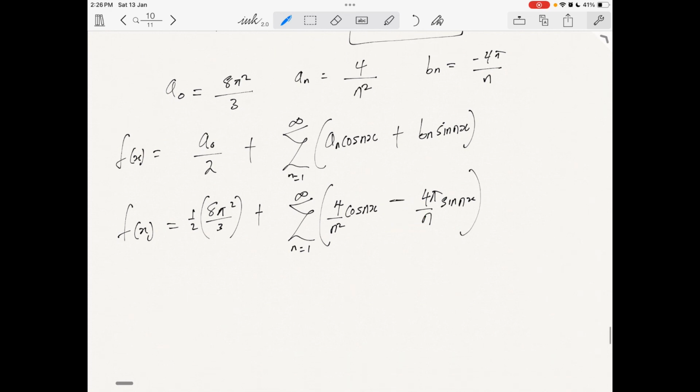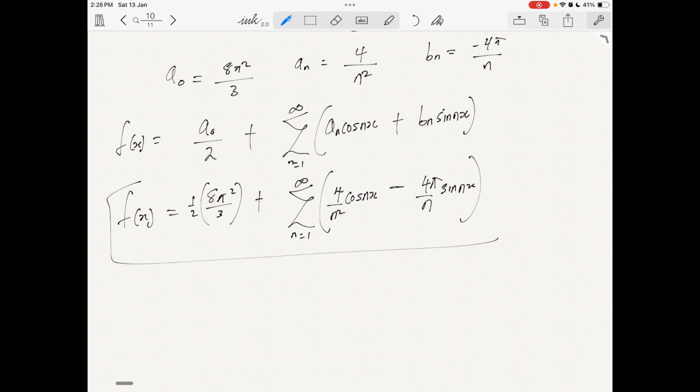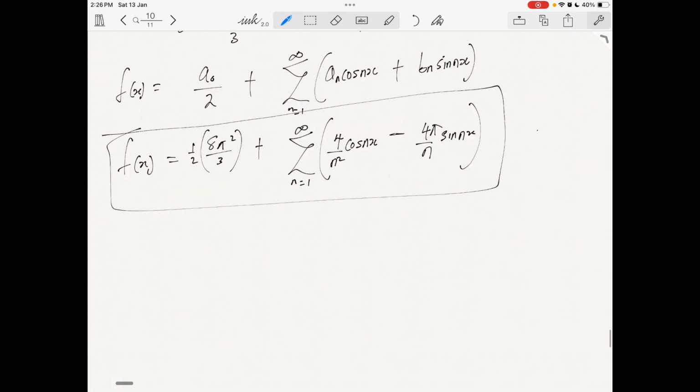Now we can leave our answer in this format, or we go ahead and open up 4 over n squared, 4 pi over n individually from n is equal to 1 to n is equal to infinity, since it's more or less like a series.